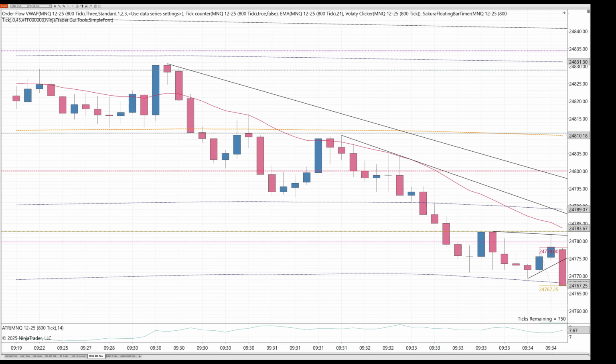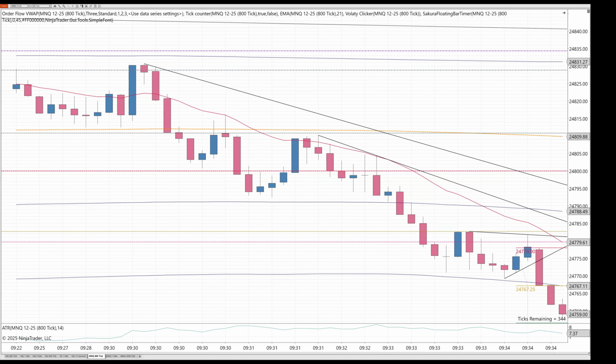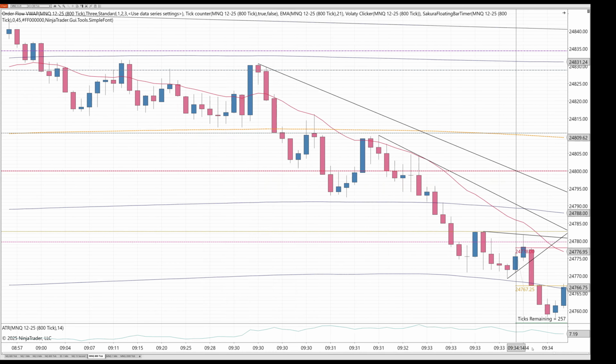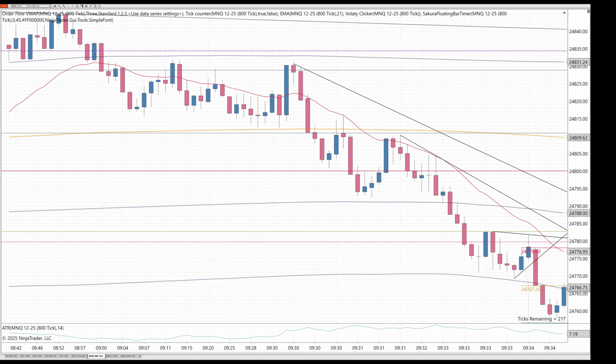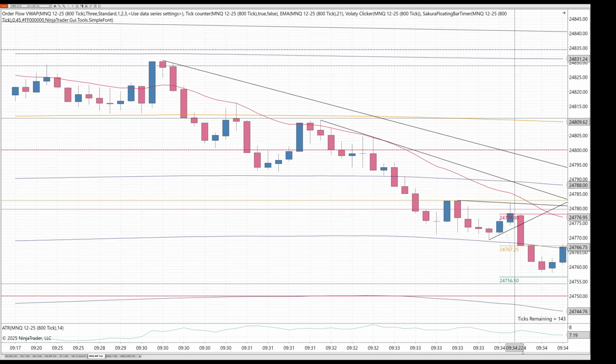The crazy thing was that my Ninja Trader froze when I took this trade. Normally I would have been able to manage this trade, but I couldn't.